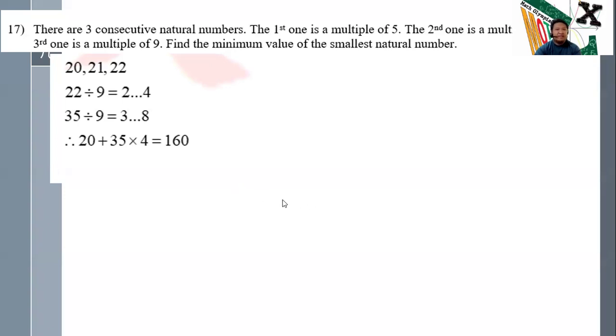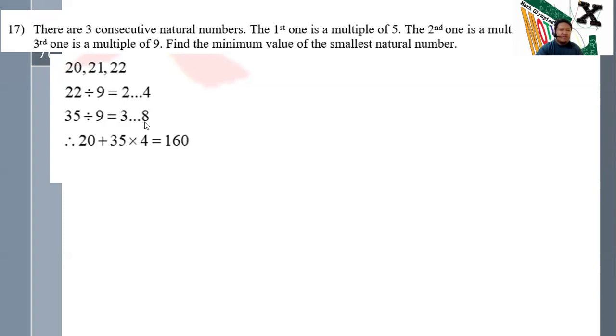First things first, we have already 20 and 21 as the possible case. The smallest so far is 20, 21, that will have a multiple of 5 and 7 right away. That is in between. But the 22 is not divisible yet.